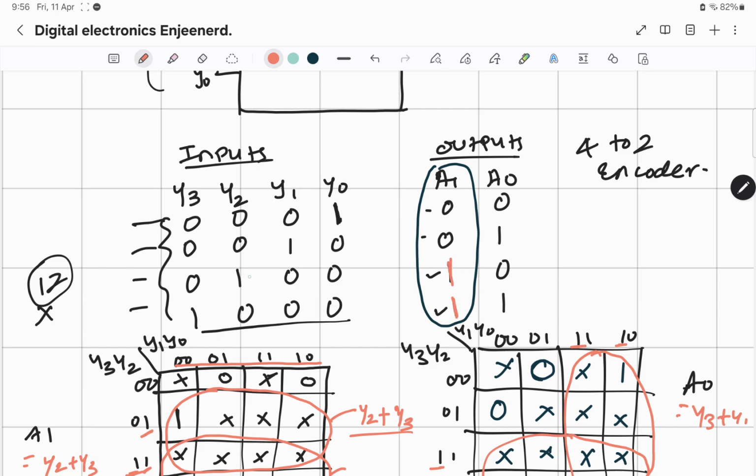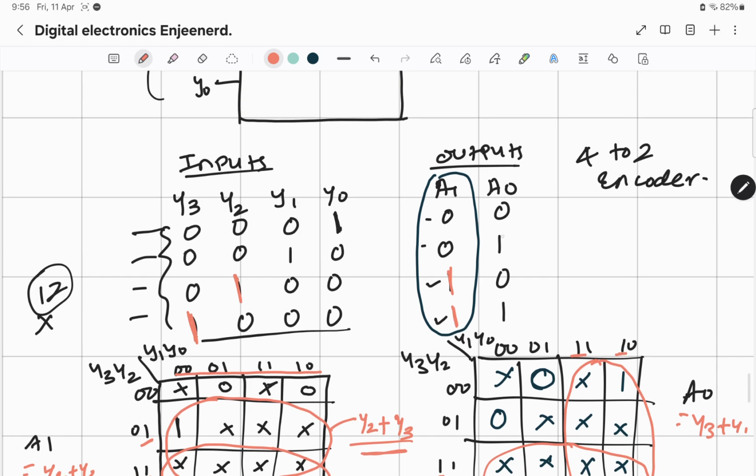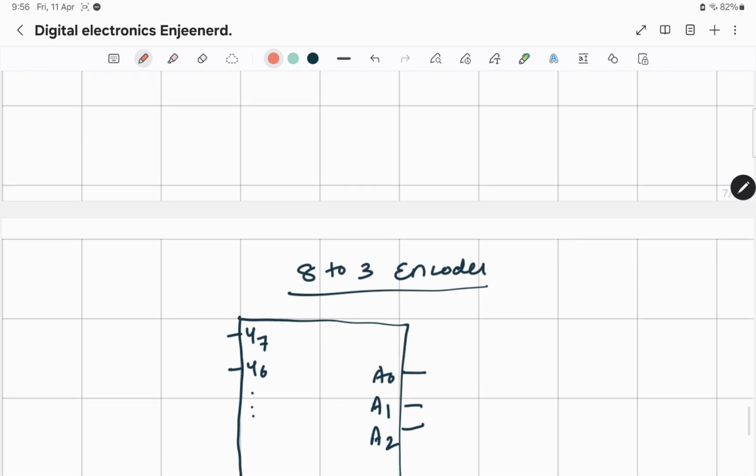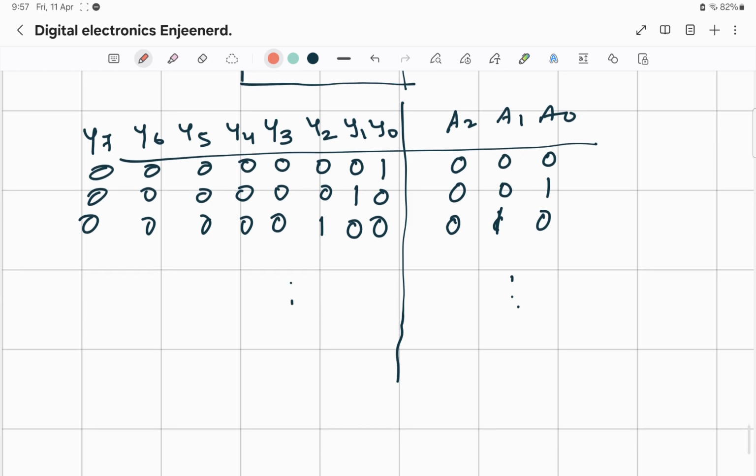So this 1 reflects y2 and this 1 reflects y3, and that is why your A1 is y2 plus y3. Similarly, your A0, 1 here which reflects y1, and this 1 reflects y3. So hence your output is y3 plus y1, right? So to solve here, that's the simplest possible way in which you can write the equation for A2, A1 and A0.